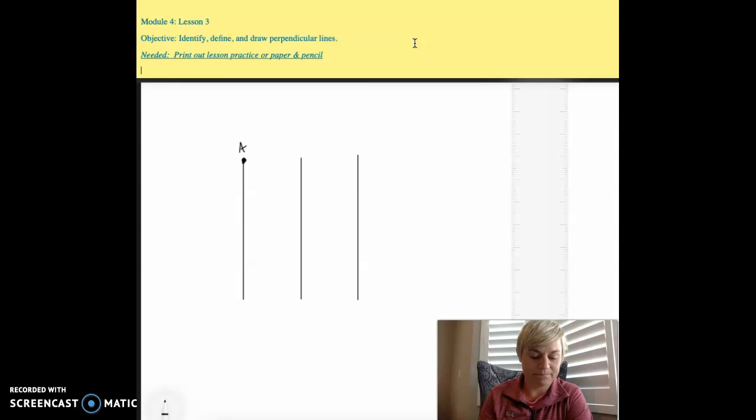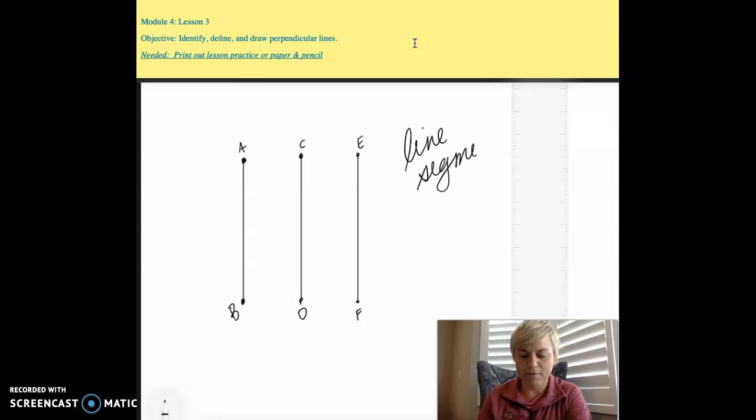This one's A, this one is B, C, and D, E, and F. Alright, and these are called line segments, right? We learned about that before. So each of our line segments represents an exact, precise line that starts and ends where the points are.